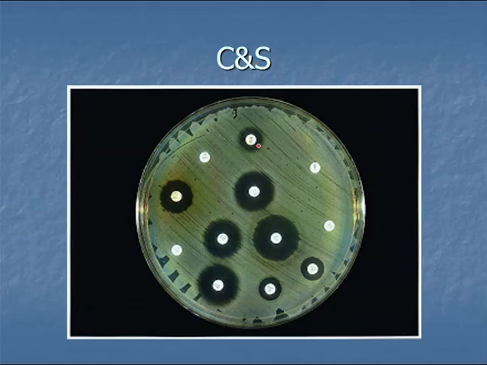This can be done by placing antibiotic discs onto that plate. As you see, these areas of halo around these discs are various sizes. Those are the antibiotics to which this bacterium is sensitive.